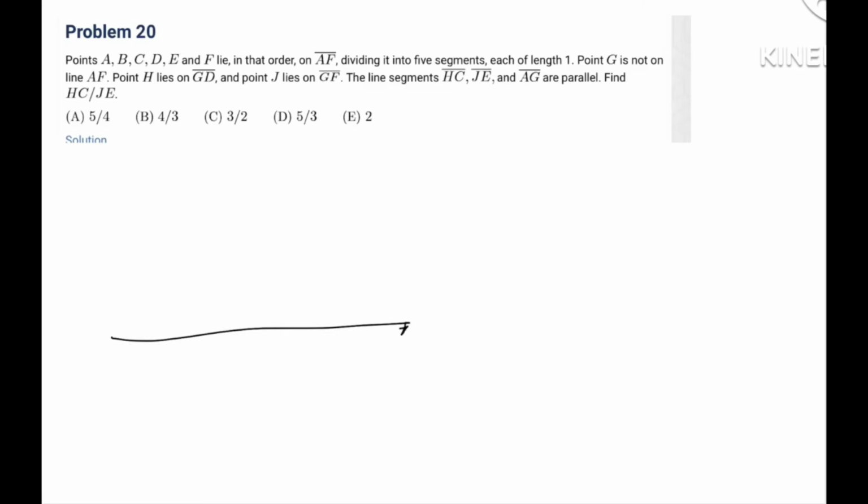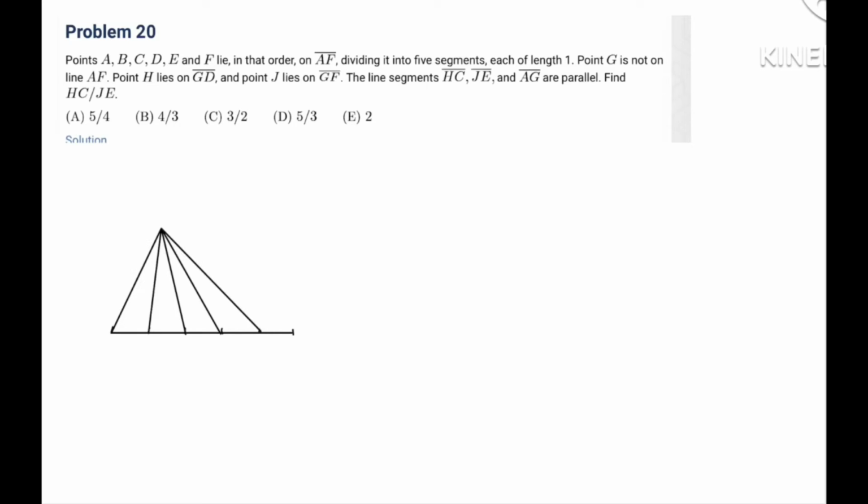Okay, so let's find this point, and there's A, B, C, D, E, F. Yeah, so let's erase this much, and then we would have point G, and then it would be like this, or like this, and like this.